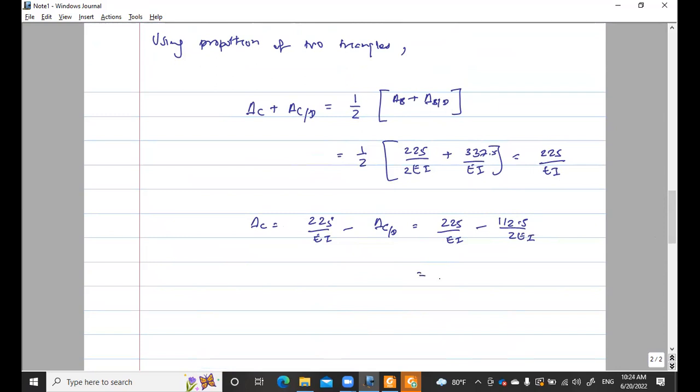So that is 225 minus 112.5 by 2. How much is that? 67.5? No, 57.5? Less than that. So 168.75 over EI.